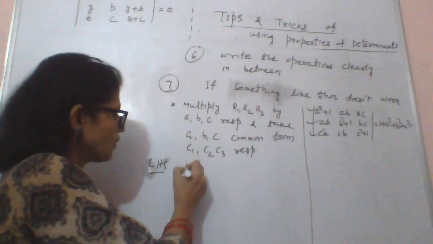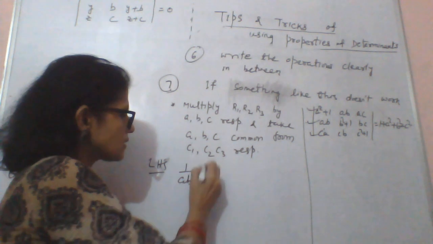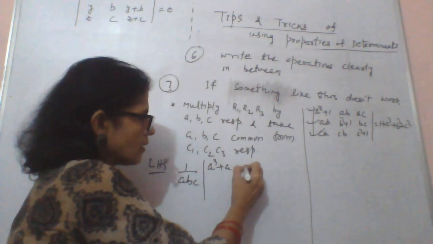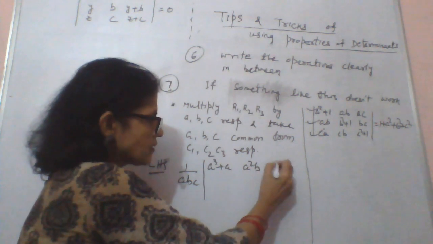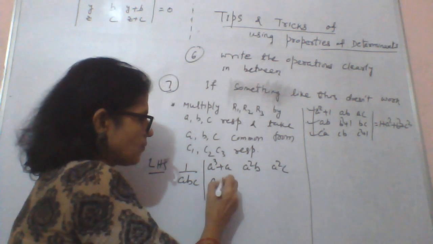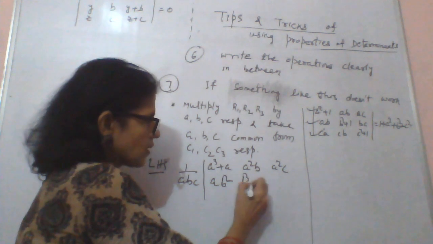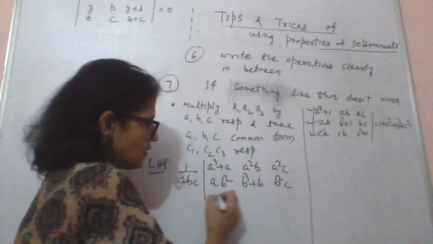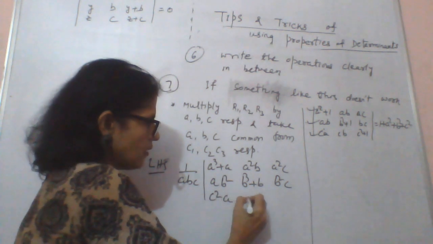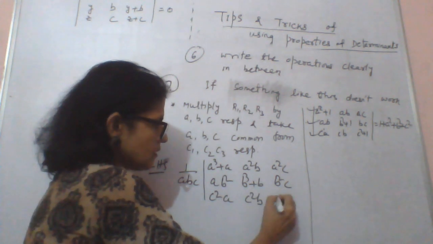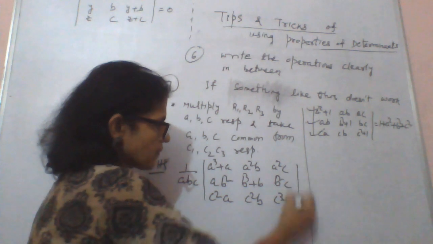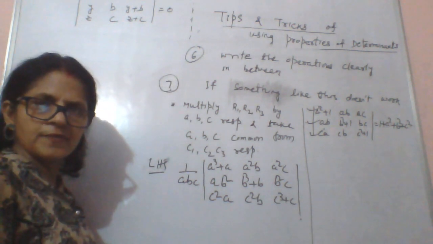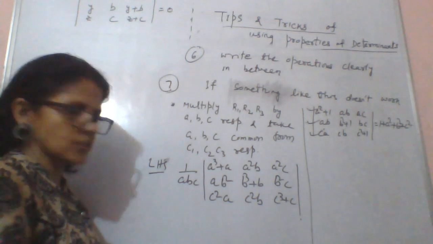So what we do here: 1 by abc, then a cube plus a, a square b, a square c; ab square, b cube plus b, b square c; c square a, c square b, c cube plus c.